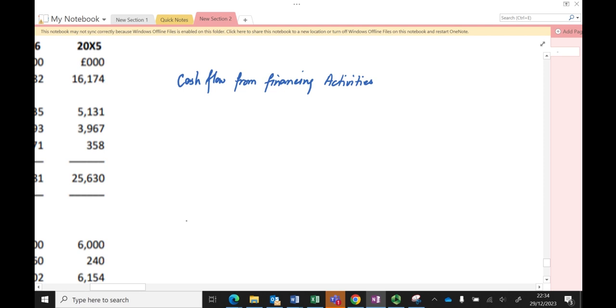Before that, I'm going to write any increase or decrease in cash and cash equivalent. Increase, decrease in cash and cash equivalent.